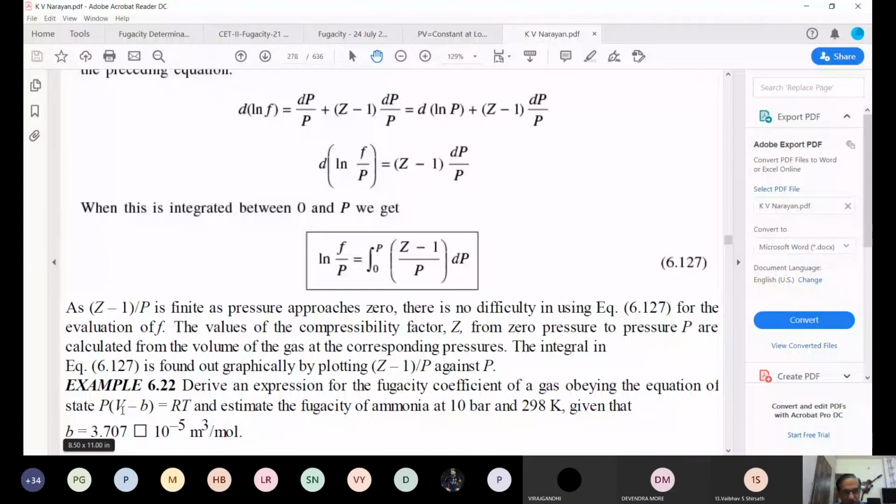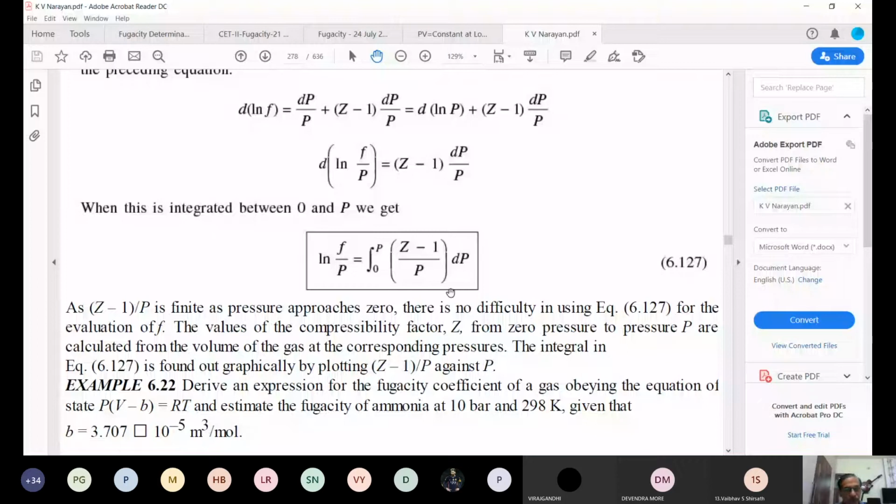And estimate the fugacity of ammonia at 10 bar and 298 Kelvin, given that B is equal to 3.707 into 10 to the power minus 5 cubic meter per mole. So the value of B is given here. We have to substitute this in the equation and find the fugacity value at 10 bar for ammonia. If ammonia is a non-ideal gas, it cannot follow the ideal gas equation.